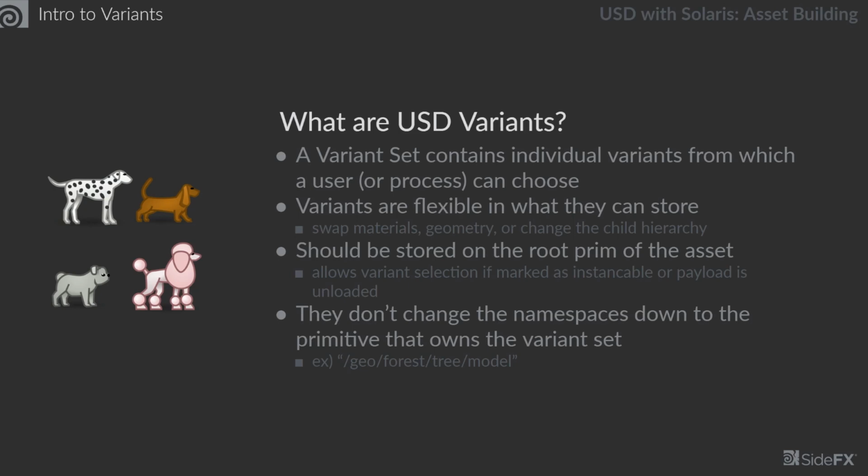Well, that tree primitive can change the model primitive, but it can't change forest or geo. It can't change the namespace above it. That's not how it works. It can only change the namespace after the primitive that owns that variant set. So that's really important to keep in mind. We can't change the upstream, parent hierarchy. We can only change the child hierarchy.